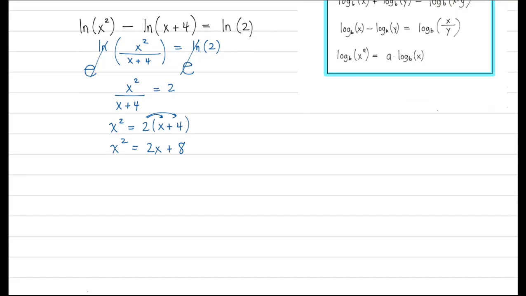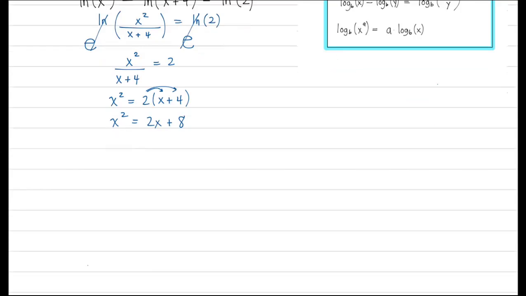Then from there, if there's an x squared term and an x term, we have to move all the terms to one side of the equation and set it equal to 0, so that there's a 0 on the other side. So for example, we've got x squared, we're going to subtract off the 2x from this left-hand side, subtract off the 8, and that leaves us with 0 on that right-hand side.